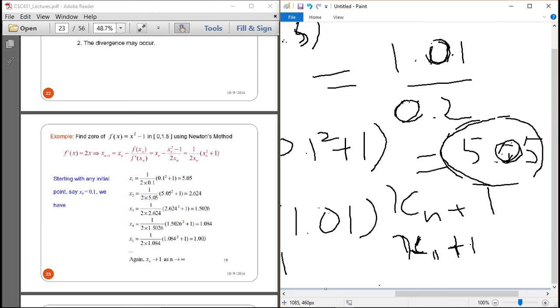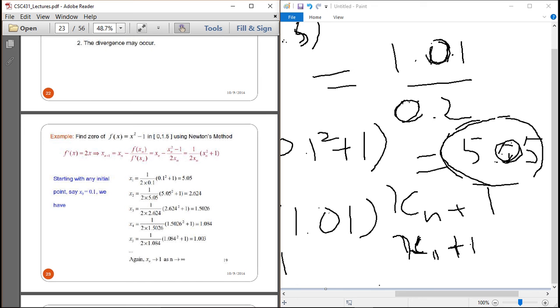To evaluate that, you're going to get 2.624. You keep iterating until you get something as close to 1 as possible. 2.624 is still very far from 1. Then you continue: you get 1.5026, you iterate again and get 1.084, and you iterate again and get 1.003.